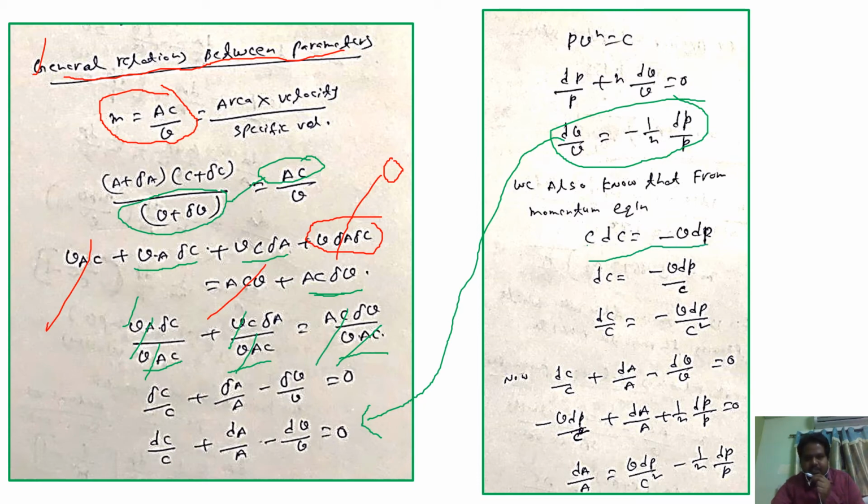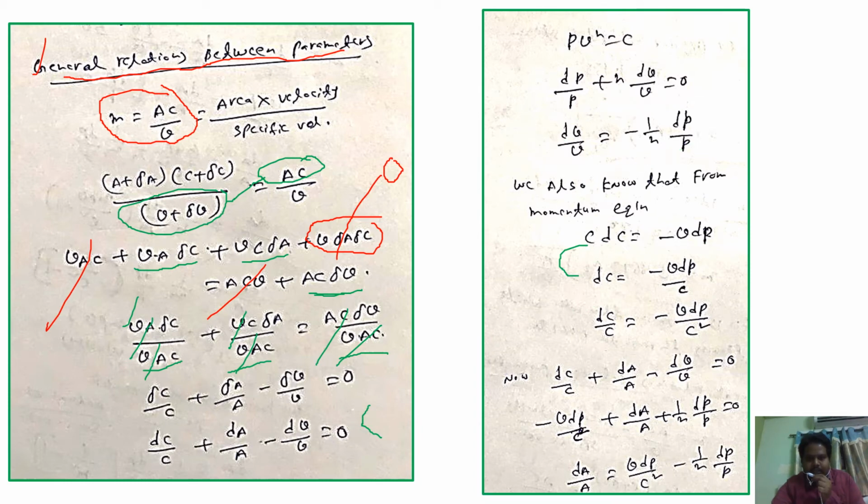So from this equation, dC equals to minus V dP by C, and dC by C equals to minus V dP by C square. Again, this equation also we substitute here in place of dC by C in this equation. Now you will see after substitution what would be the equation.